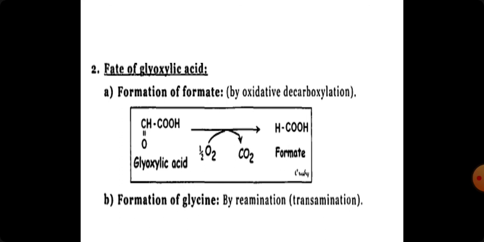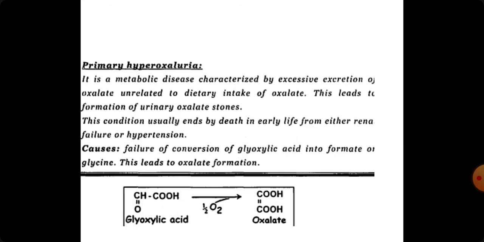Carbon dioxide is removed and glyoxylate is converted into formate. The same reaction can go in reverse. Formation of glycine can take place by reamination, that is a process of transamination. So these are the reactions of glycine.